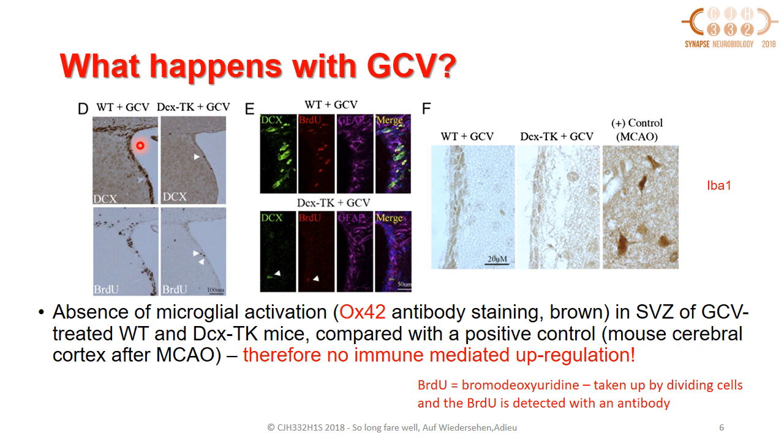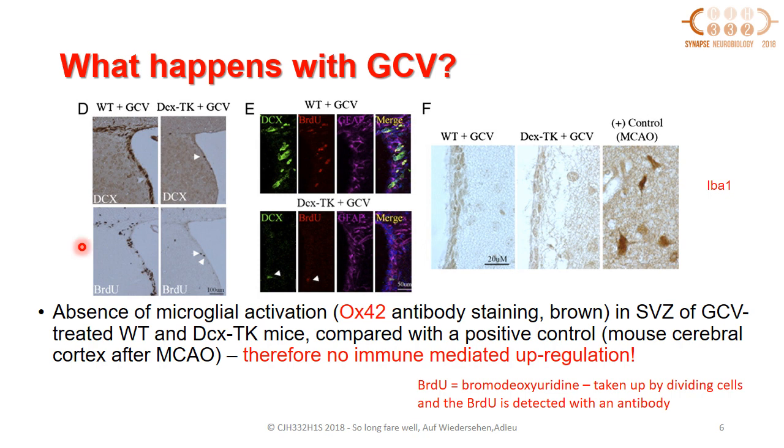The next series of slides, again, are just to give you a little bit of context for what's happening. So if we were to expose a wild type cell over here on the left in panel D, and we were to inject ganciclovir into these animals, no thymidine kinase, they're just wild type, in fact, we won't see any effect on proliferation, which is what we're picking up after the introduction of BrdU.